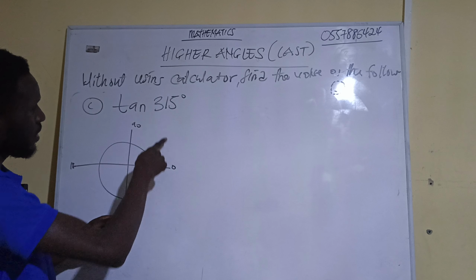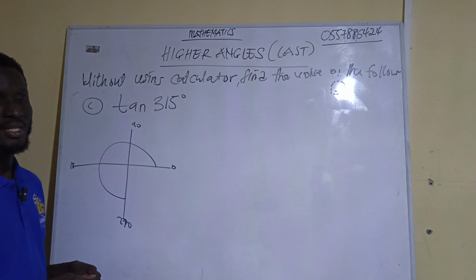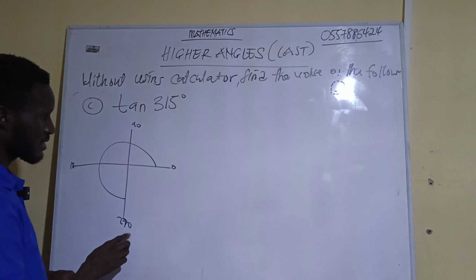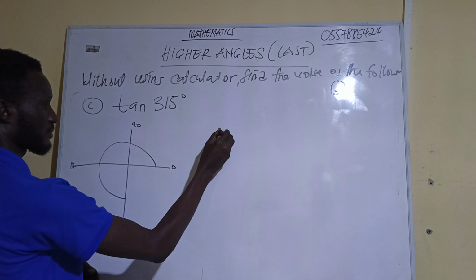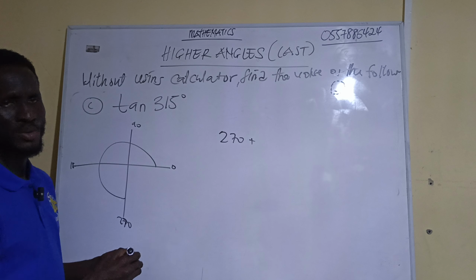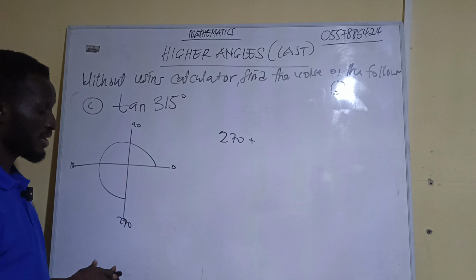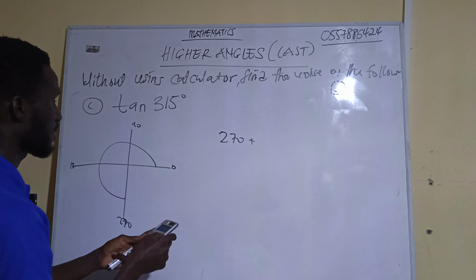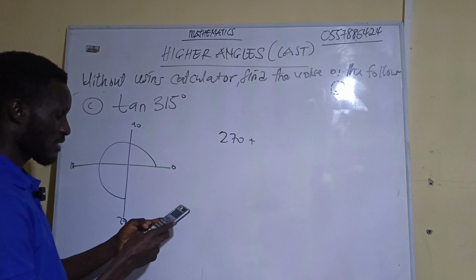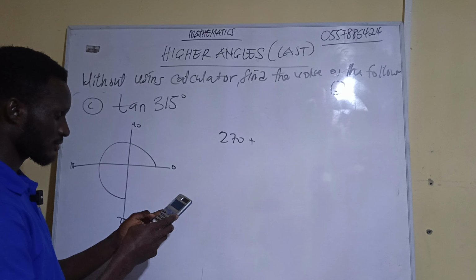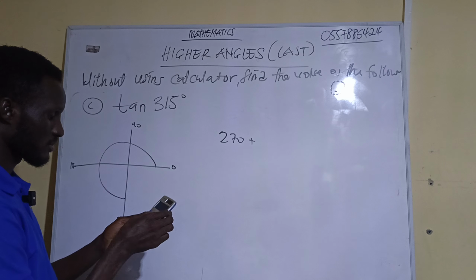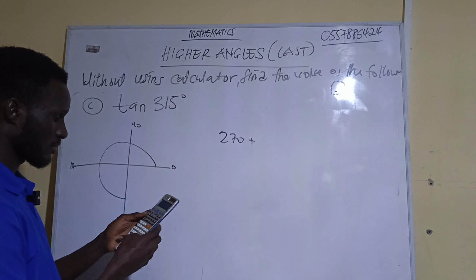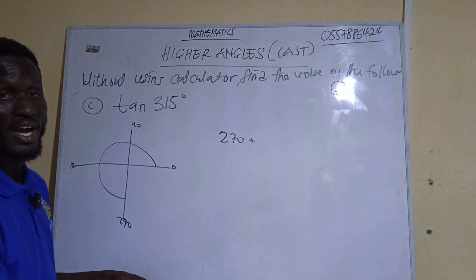Now, what angle are we supposed to add to 270 to get 315? Let me say 315 minus 270. Now we are going to get 45.